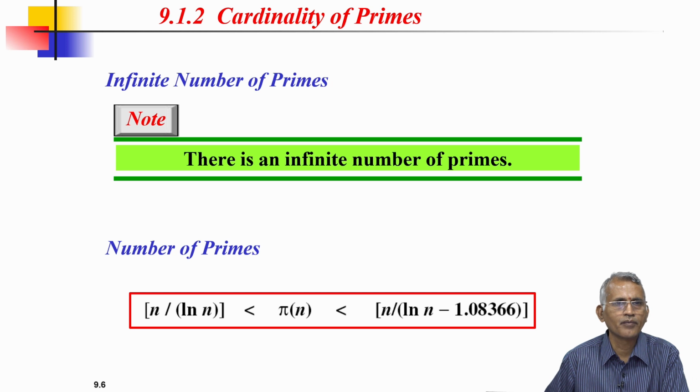There are infinitely many primes. In the number of primes, we have discussed already that pi(n) is greater than n by log n and less than n by log n minus 1.08366. This is interesting in the cardinality of primes.